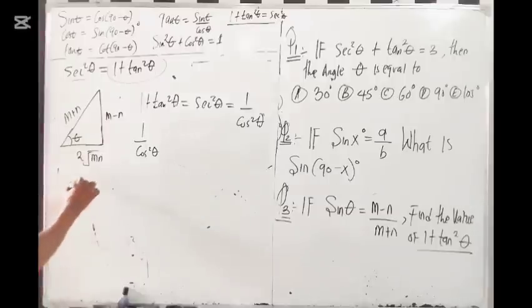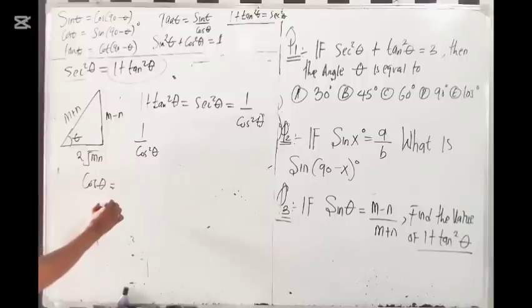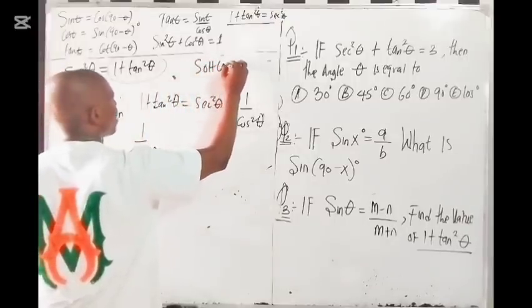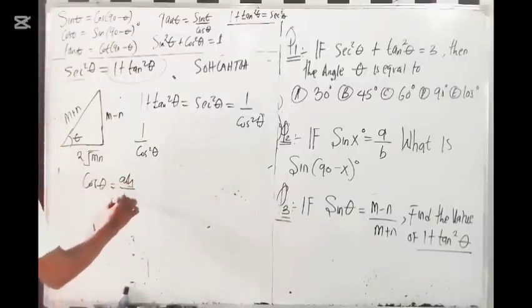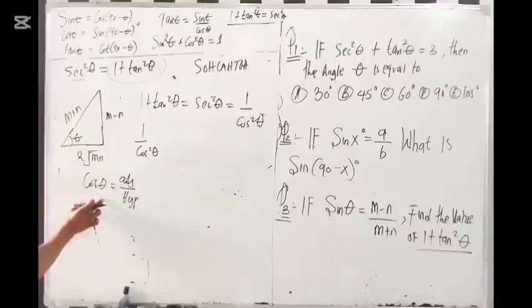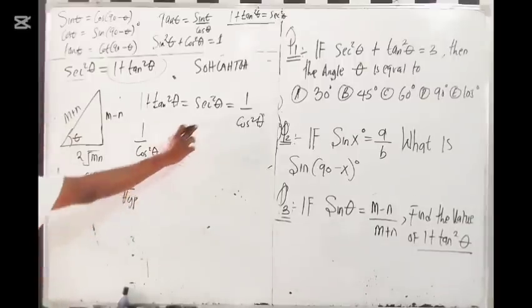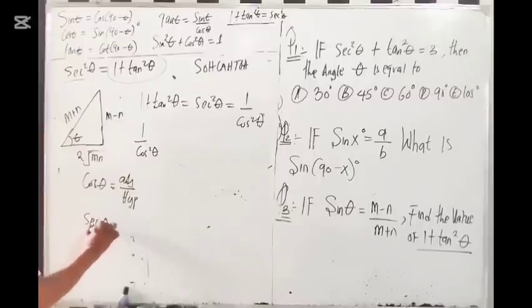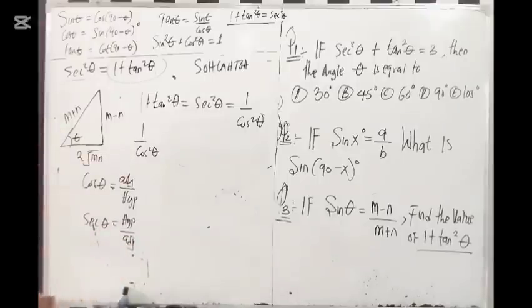Remember, cos theta goes to, according to SOH CAH TOA, adjacent over hypotenuse. Okay. Now, sec theta is going to be hypotenuse over adjacent. Okay.